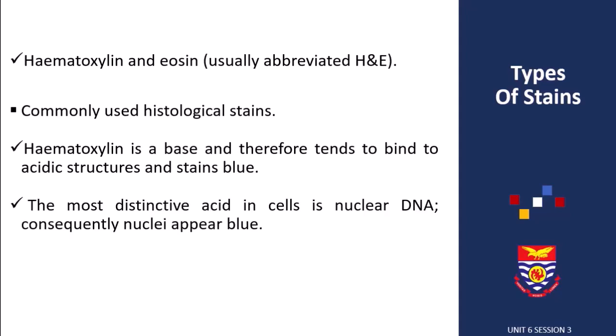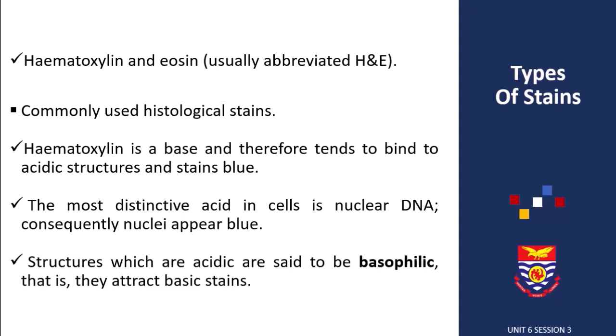The most distinctive acid in cells is the nuclear DNA, so the nuclei appear blue when stained with hematoxylin. Structures which are acidic are said to be basophilic, that is, they are able to attract basic stains.